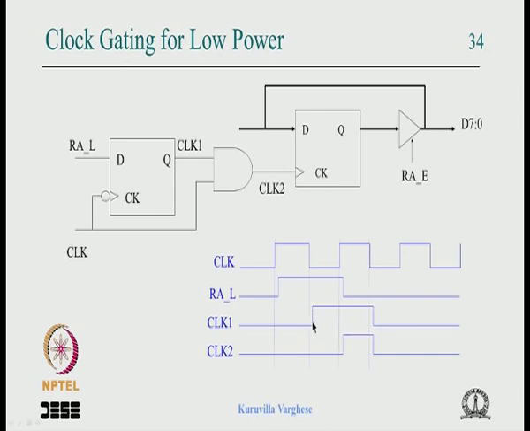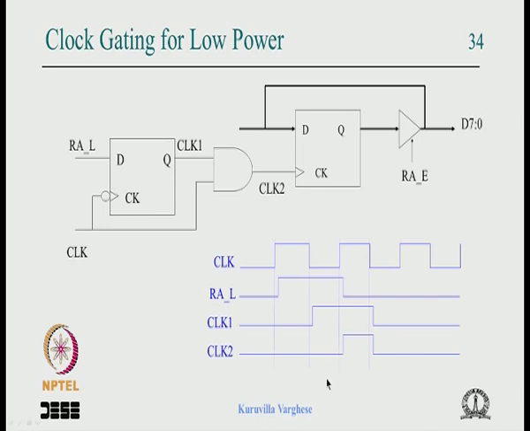So you get a pulse with a delay with respect to the negative clock edge, and you AND this clock 1 with the clock. You get a clock 2 with a little delay, and now you are correctly latching something that happened before at this edge with this particular clock edge.